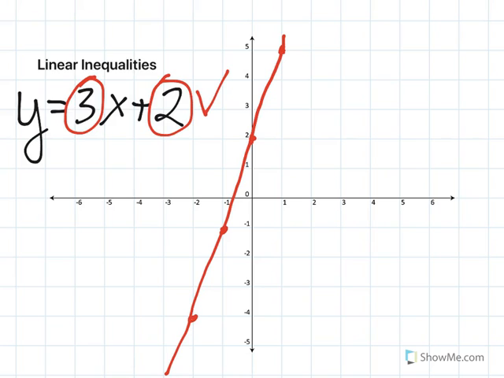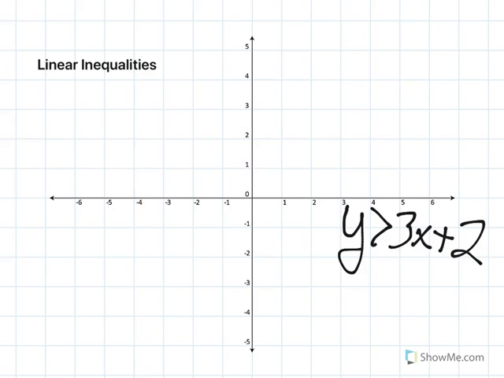Now, a linear inequality has two major differences. If I give you this linear inequality, y is greater than 3x plus 2, notice that the right side of this is the same as that equation there.